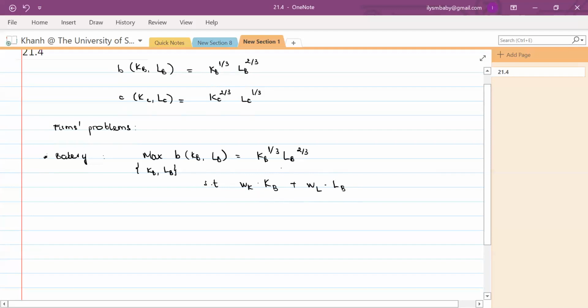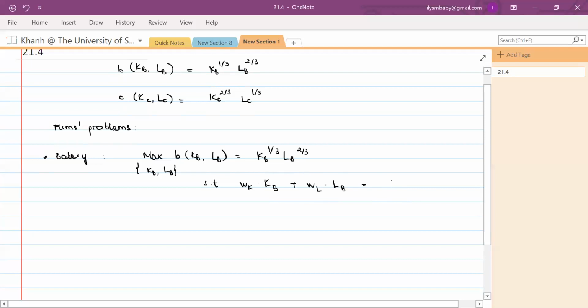This is the total cost of inputs that they will have to incur in their production. Then it has to be equal to their income. It's very similar to the consumer's problem, where the total expenditure has to be equal to the total income. In this case, the total cost of production, the left-hand side, has to be equal to their total income to begin with.